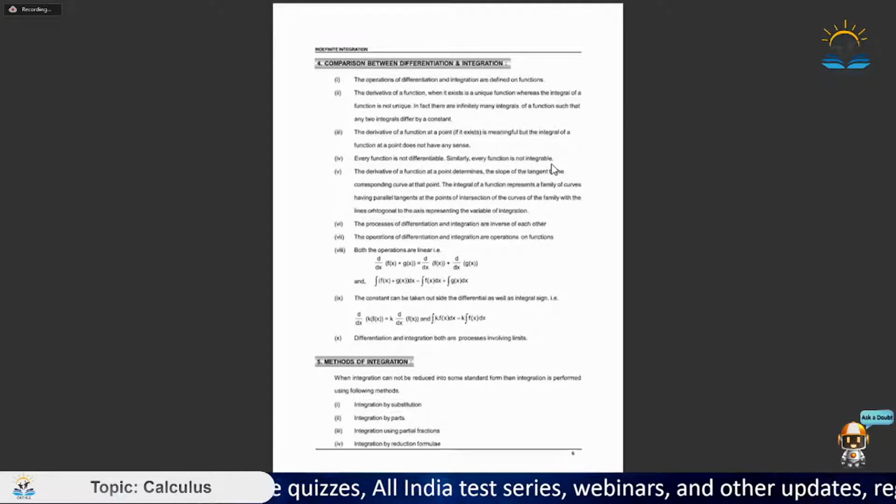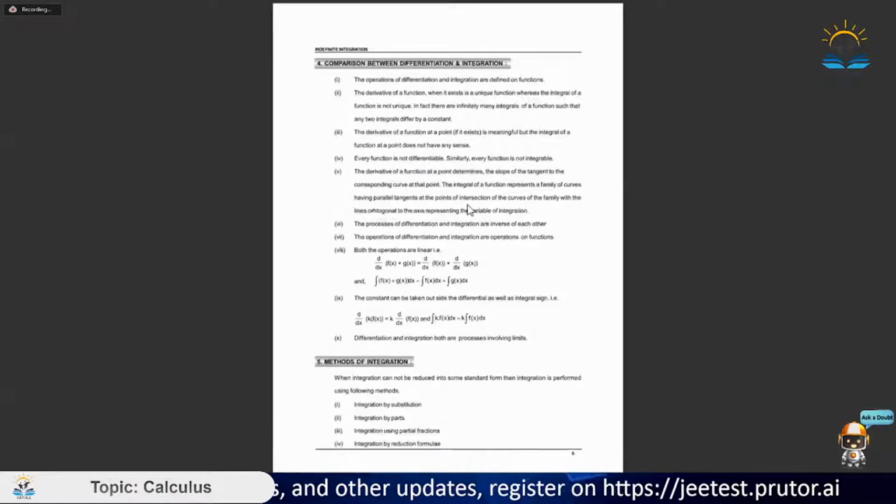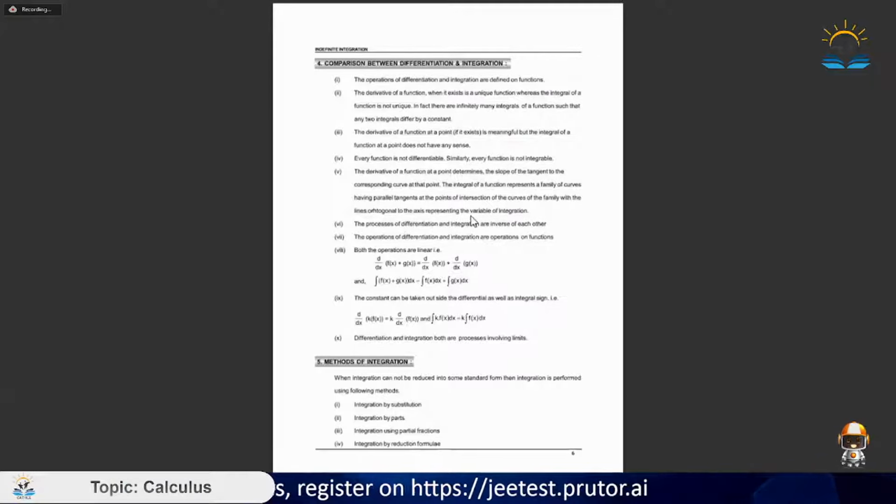Very much true. The derivative of a function at a point determines the slope of the tangent. Yes, we know derivative is the slope. The integral of a function represents a family of curves having parallel tangents at the point of intersection of the curves of the family with the lines orthogonal to the axis representing the variable of integration. What it is trying to say is the integration of a function is basically representing a family of curves.